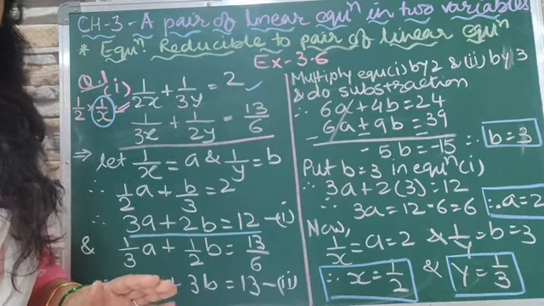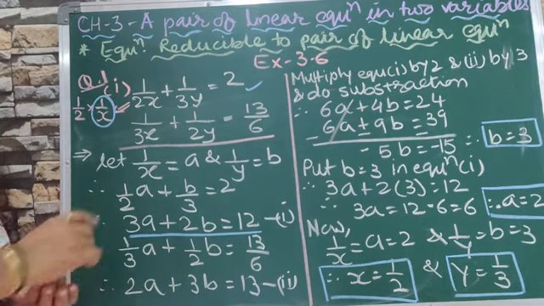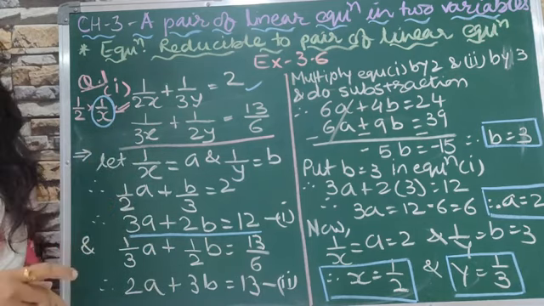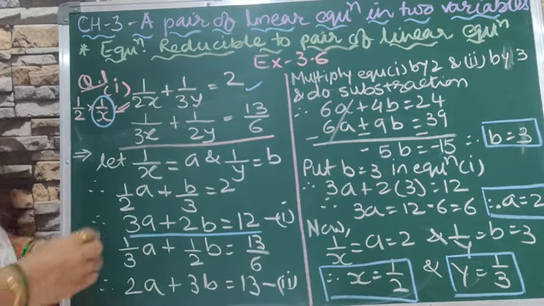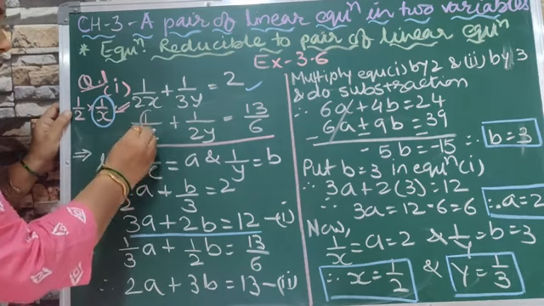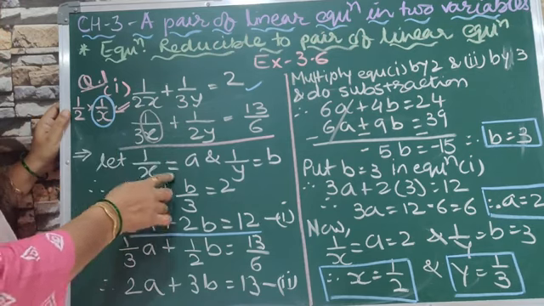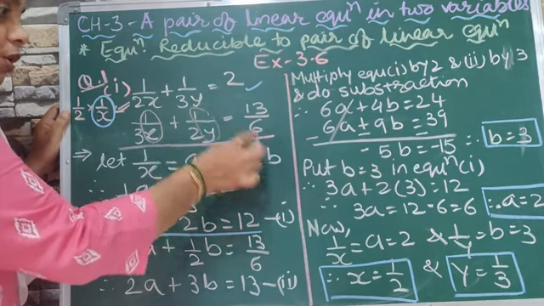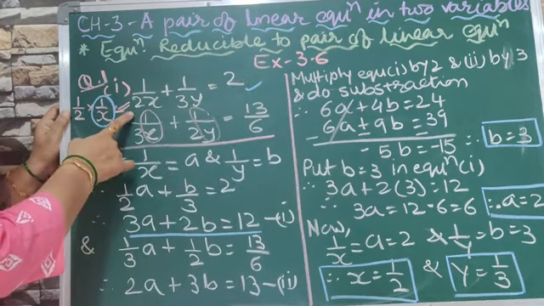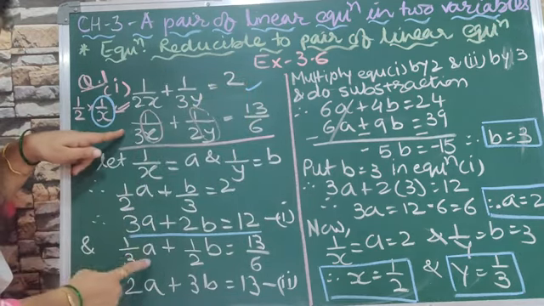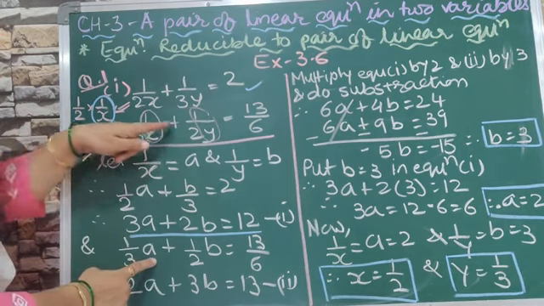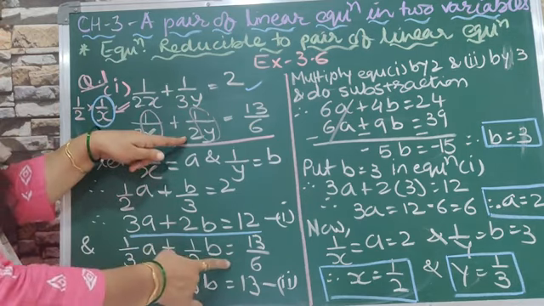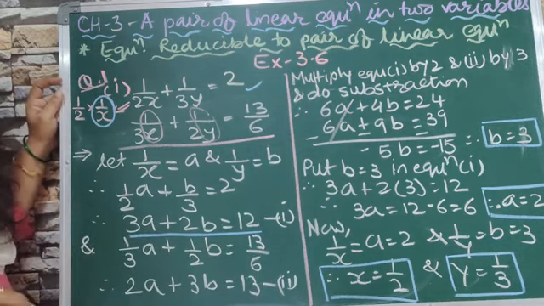Are you getting me? Okay, let's convert the second linear equation again into the standard form. So again we assume 1 by x is equal to a as it is, 1 by y is equal to b as it is. So now here what I got, 1 by 3 into a plus 1 by 2 into b is equal to 13 by 6.